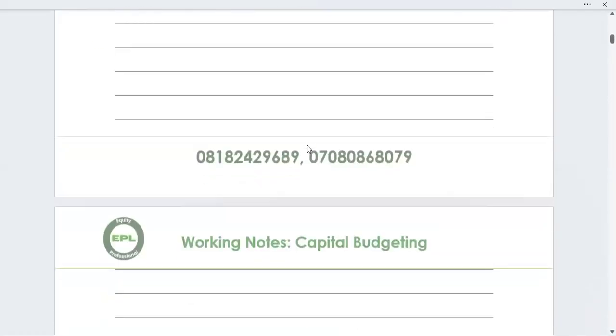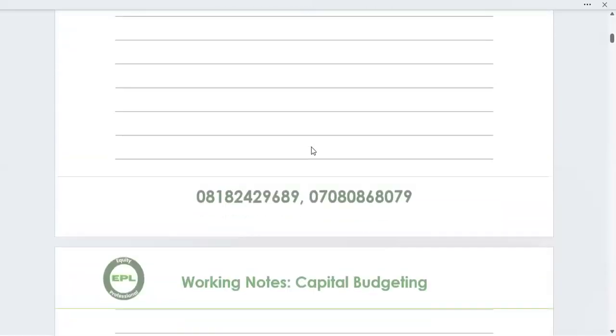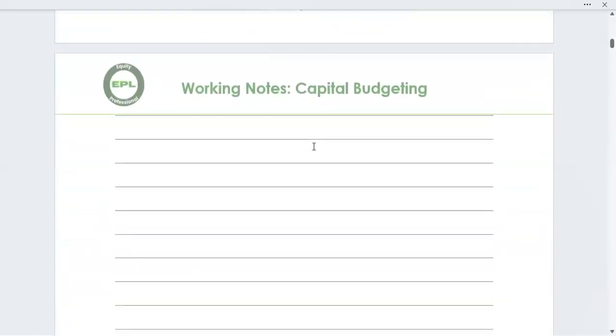So this first page will be for the main solution. Then our working can follow next. Okay, let's start our working from here. This is a very straightforward question. So the first item will be, let's ascertain the years. So year 1, year 2, year 3, then year 4.